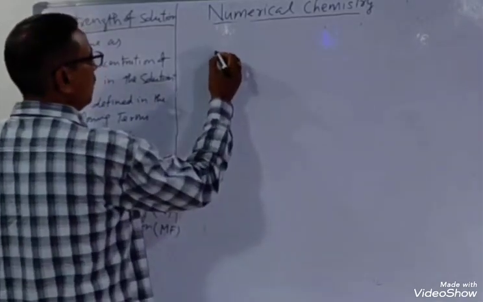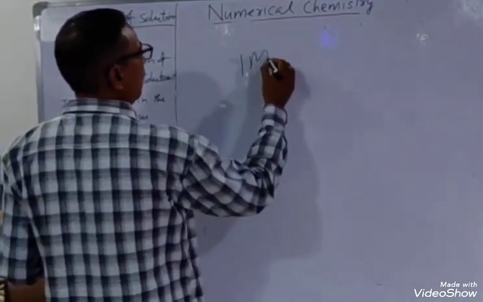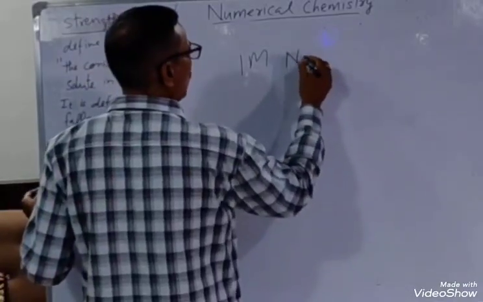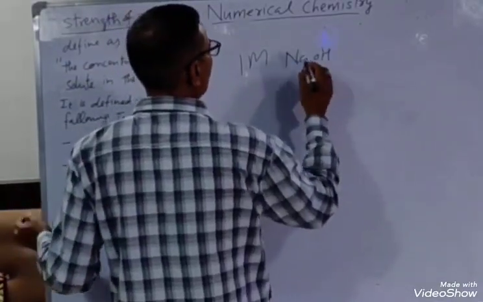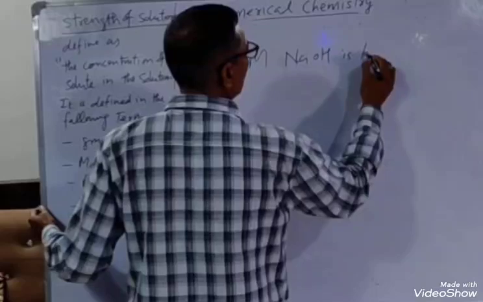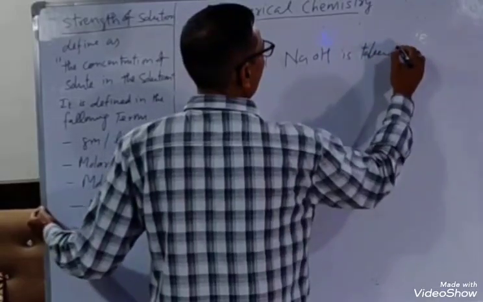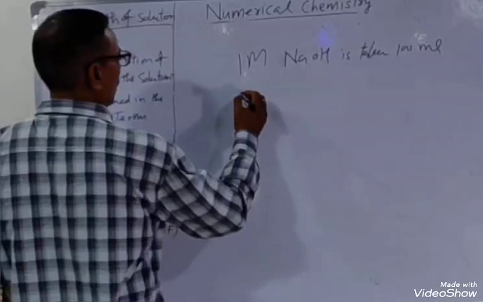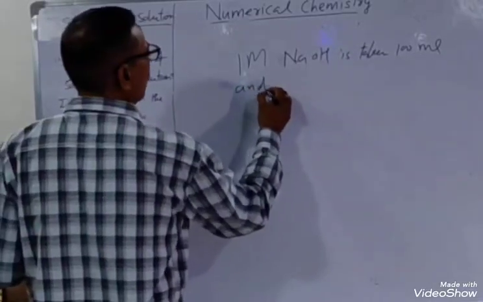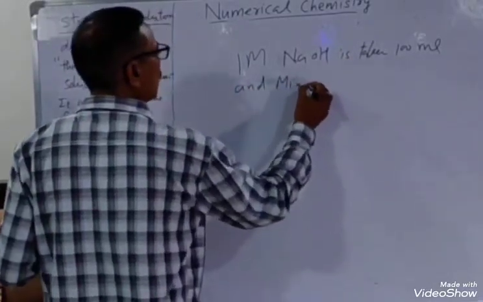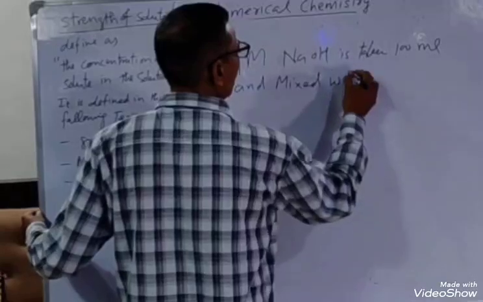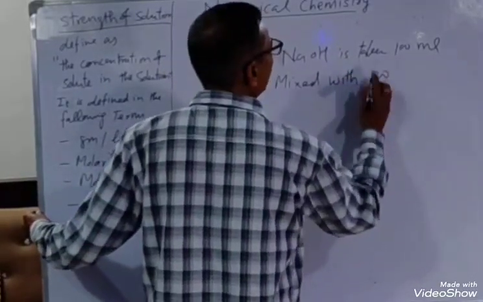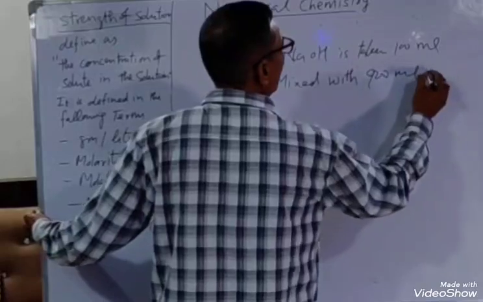Just suppose 1 M NaOH solution, 100 ml, is taken and mixed with 900 ml water.